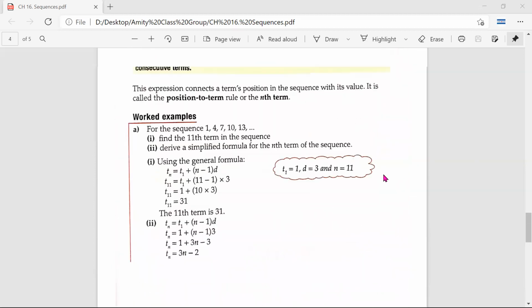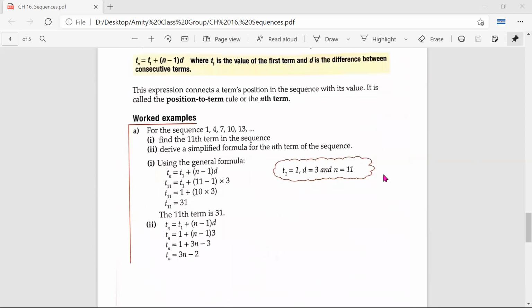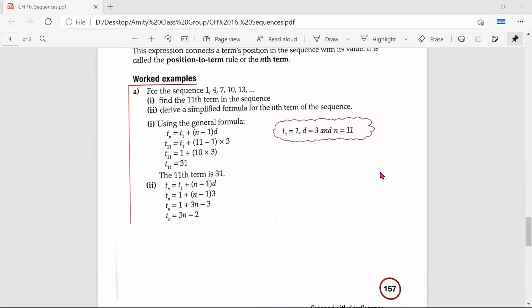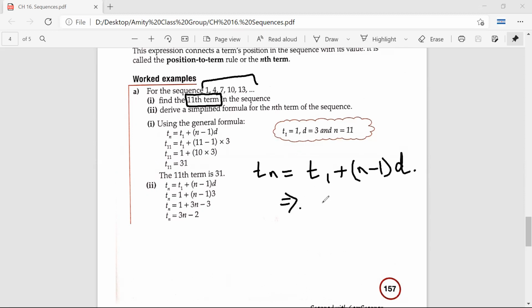Okay. Now there is another thing that they talk about. For example, if I have to find the 11th term, Soumya ji, how will I find the 11th term? What would be my T1 in this sequence? So our term 1 will be 1, so plus n minus 1 into D, where n is 11.